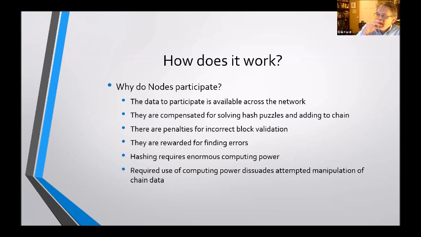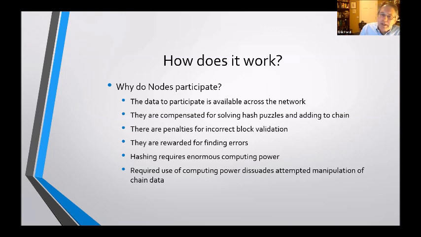And if you are incorrect and you validate an incorrect block, or you do something that's incorrect, there are penalties involved, so that disincentivizes somebody from trying to cheat on the blockchain or create fraud.